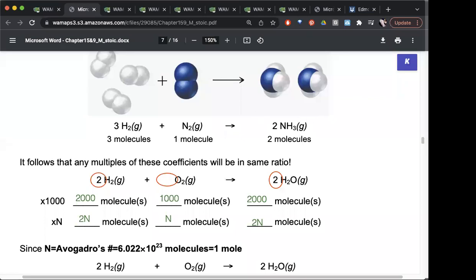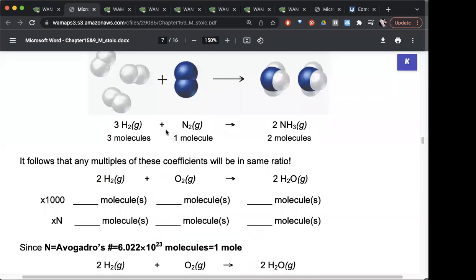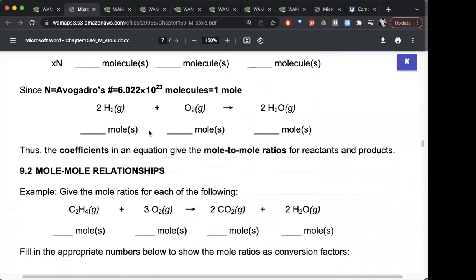That gives us a word for it, the moles. So basically saying, okay, there's 2 moles of hydrogen for every 1 mole of oxygen, and that will produce 2 moles of water if they react completely. So those coefficients give us the mole-mole relationships.